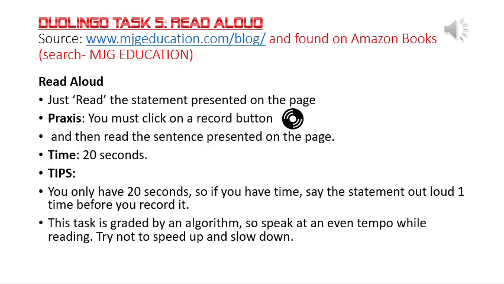Great. So let's recap the big points. We've covered the basics of Duolingo's Read Aloud task. We dug into why that even tempo is so crucial because of the algorithm grading it. We looked at how the sentences scale up in difficulty from simple to pretty complex compound ones. Yeah, those levels. And we touched on those subtle but quite important rules about intonation, how it rises for yes-no questions, falls for wh-questions, and stays pretty neutral for statements.